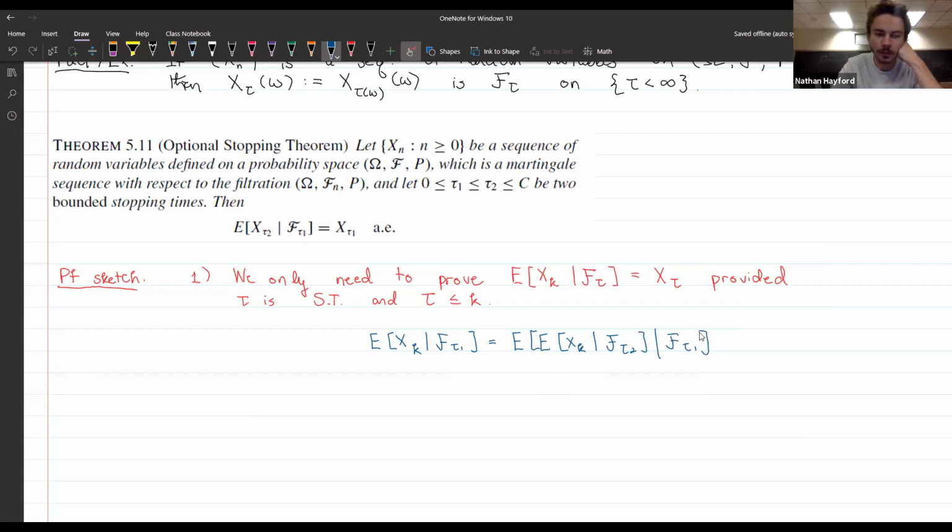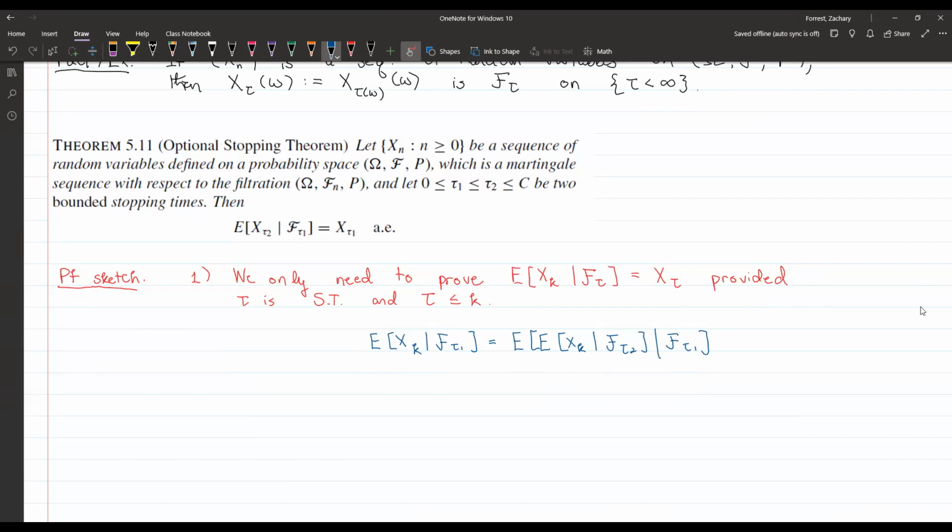So this is just the tower property, yeah? Yeah, I haven't heard it called that, but it's exactly what we had before. It's not too hard to see this is true. And so if you end up showing that this property holds up, then that together with this gives you everything that you need.